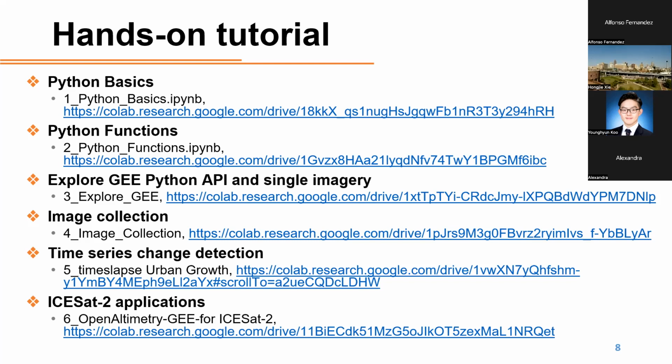Then Python functions: how to define a function and how to call a function. Then you explore using the Google Earth Engine Python API to look at single images from different sources. Okay. Then we will start to look at image collections, like Landsat, with thousands of images for each location.